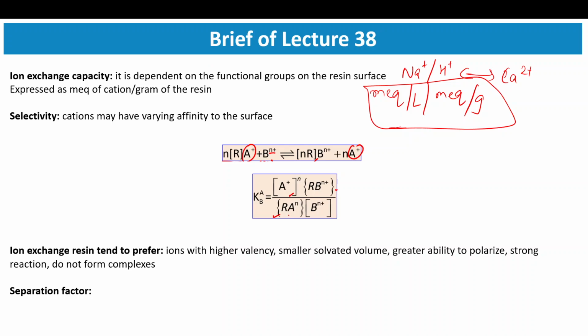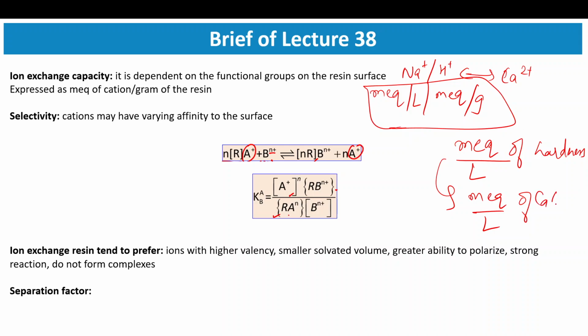When it comes to the expression of hardness present in water, you should express it as milli-equivalents per liter of hardness, and since it is hardness, it is always expressed as milli-equivalent per liter of calcium carbonate.